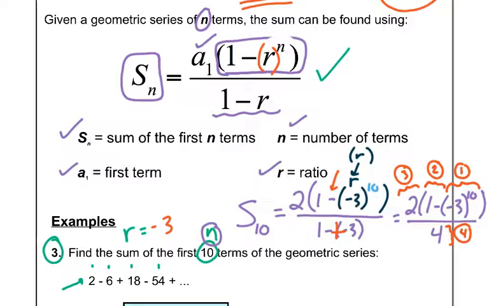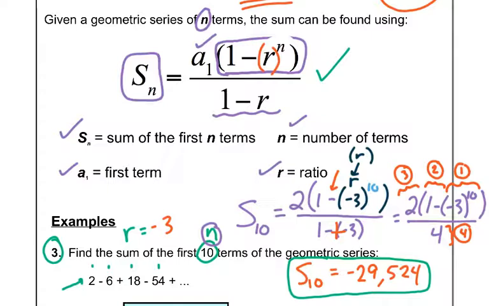Okay, now when I do 1 minus my answer button, I get -59,048. I'm going to multiply that answer by 2, and I'm going to divide that answer by 4. And my total sum, S sub 10 here, is -29,524. And that's your answer, friends.